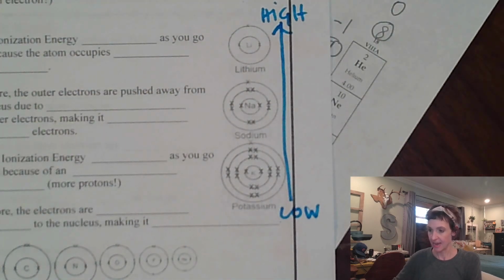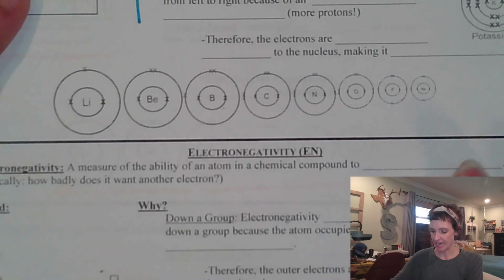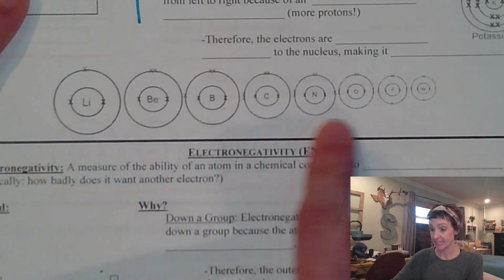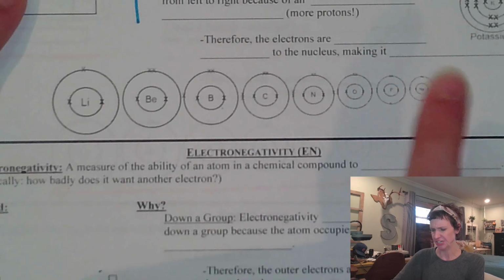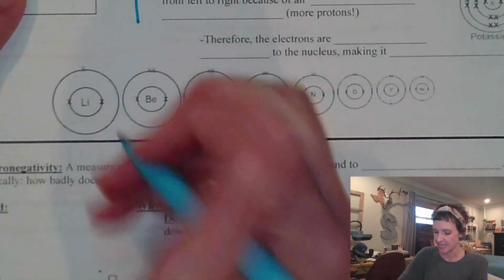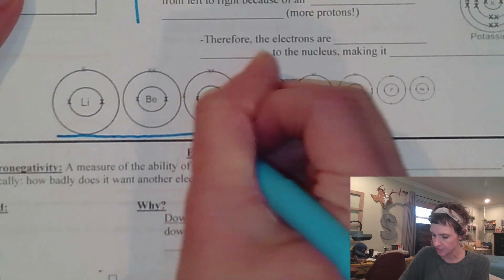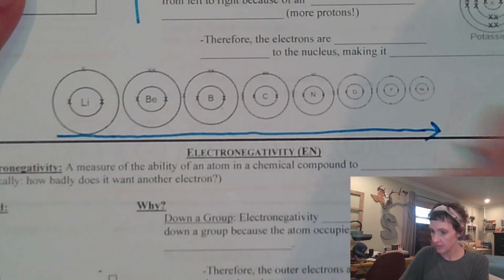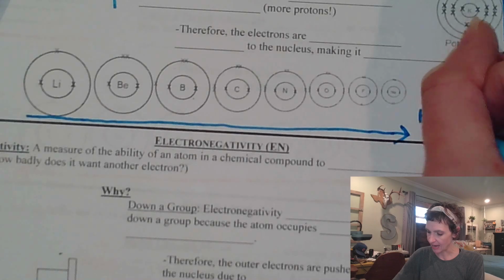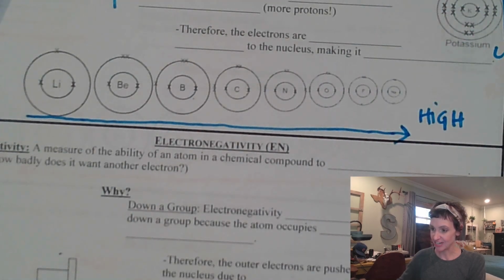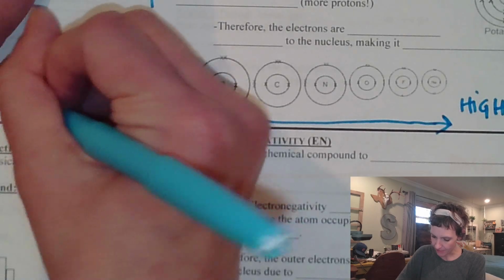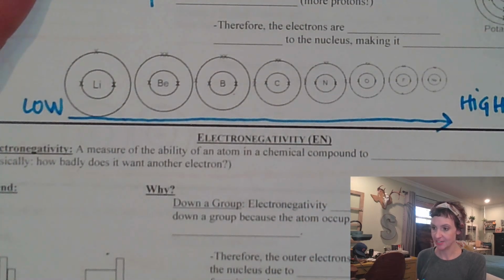Okay, now my across the period trend, we know that ionization energy increases, it takes more energy to remove electrons from these guys because of that increasing nuclear charge. So in this direction, I have high ionization energy, right? And I have low ionization energy.